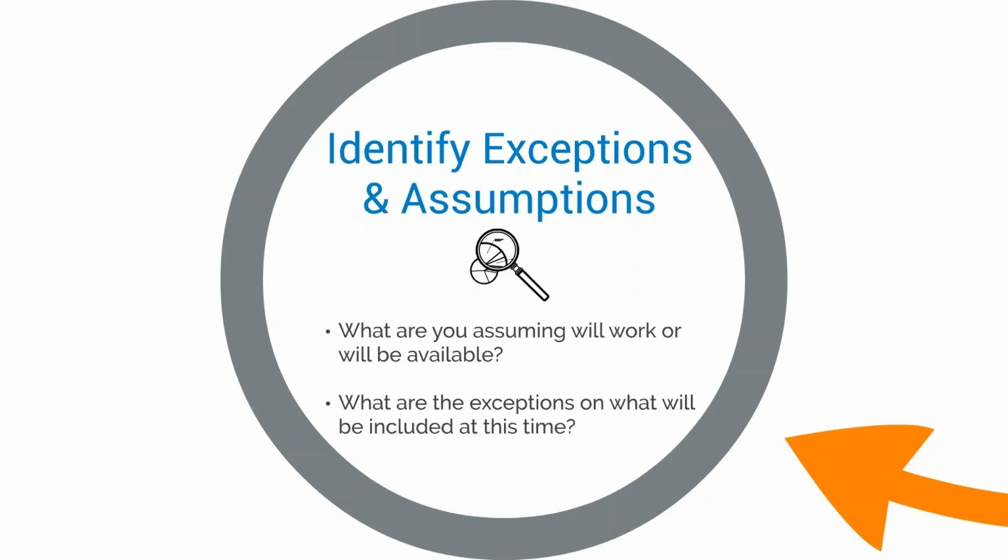A good example of an exception might be something that you've decided not to include, maybe because it didn't meet your goal of resources or time at this time. So if we're implementing a large-scale contracts process, it may be that we're not going to include information about renewals during our first phase of implementation.